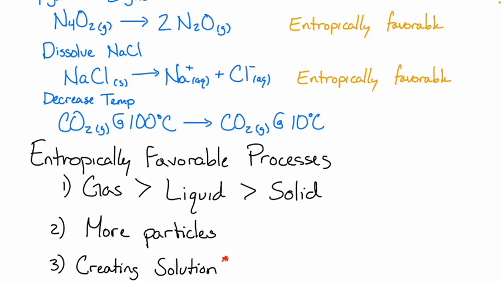Okay, which one do we think is going to be a more disordered state? Higher temperature or lower temperature? Higher temperature. So remember, all temperature is doing from the standpoint of a molecule is increasing its kinetic energy. Things are just moving around faster, right? So at a higher temperature, there's much more disorder, much more chaotic movement going on than you have at lower temperatures. So cooling would be an example of an entropically unfavorable process.